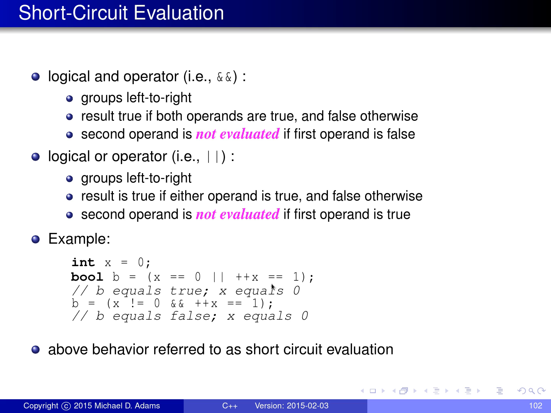And the second operand is incrementing x, essentially adding 1 to x, and then checking to see if x is equal to 1. In this particular case, the first operand of the logical OR operation will be true because we just initialized x to 0 on the previous line, so when we test if x is equal to 0, this will be true. Since the first operand is true, the second operand won't be evaluated. So in other words, the ++x == 1 will not be evaluated.